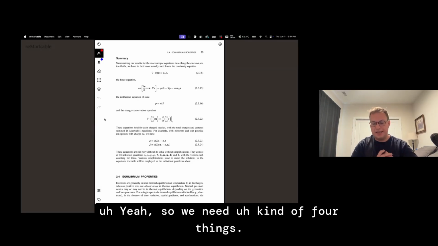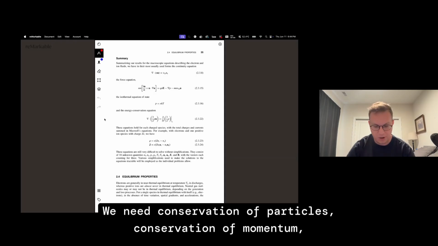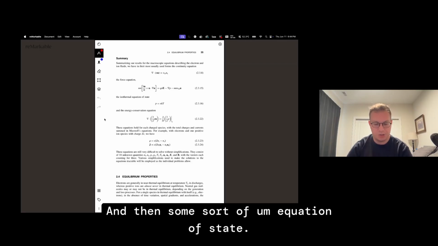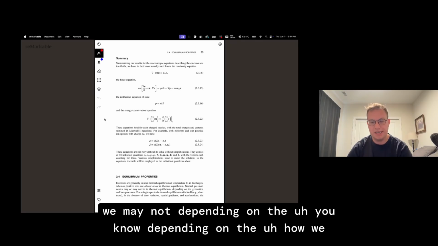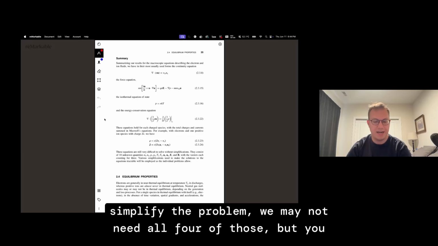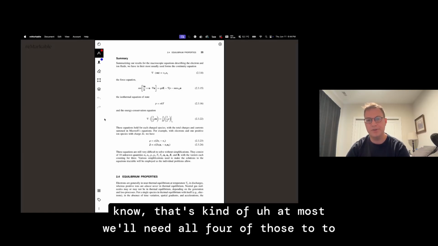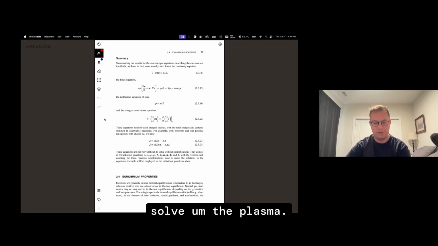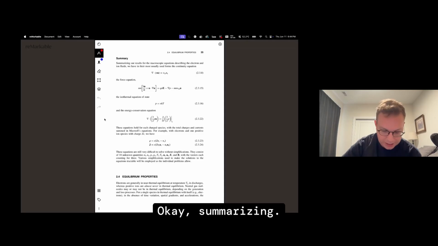So we need four things: conservation of particles, conservation of momentum, conservation of energy, and some sort of equation of state. Depending on how we simplify the problem, we may not need all four of those, but at most we'll need all four to solve the plasma. Okay, summarizing.